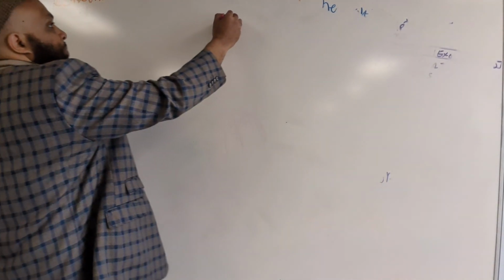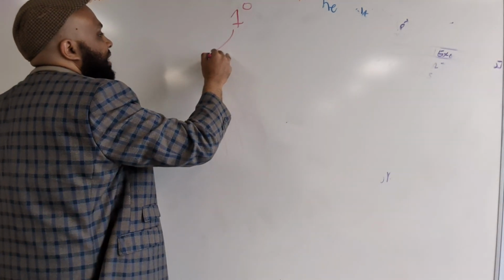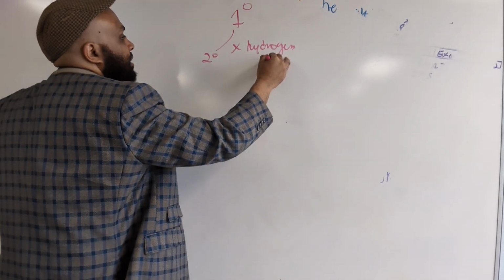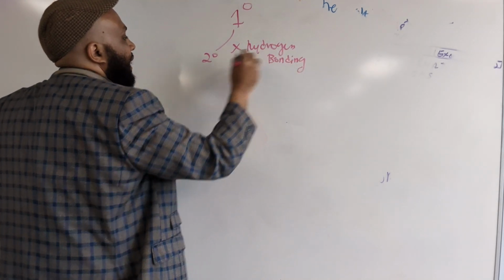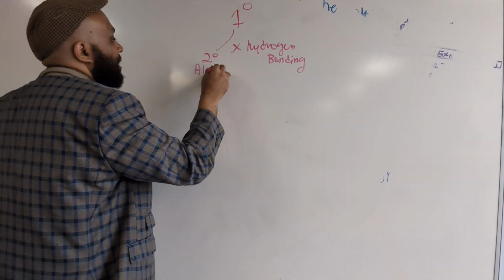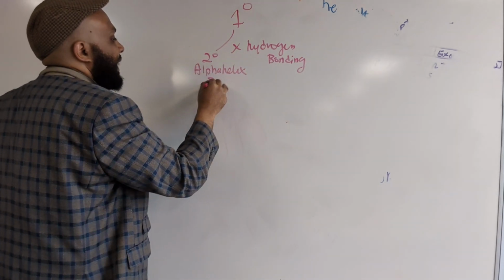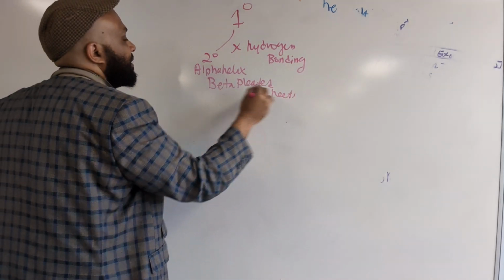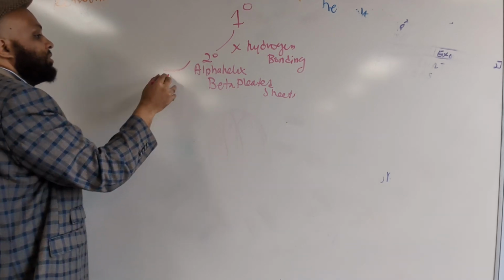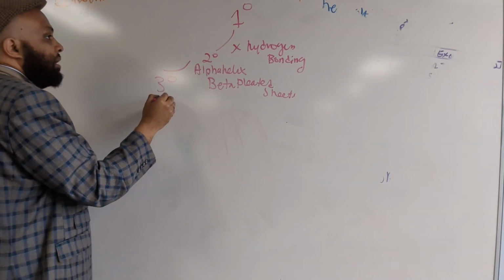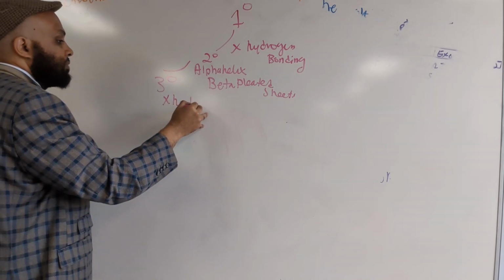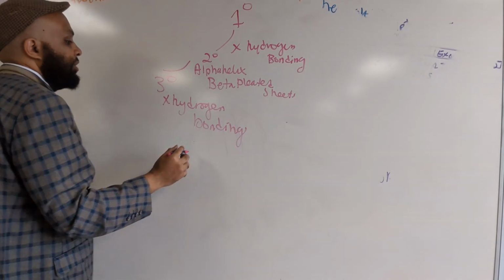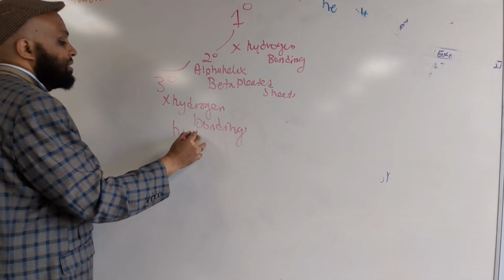Everybody knew that to go from primary structure to secondary, you're going to need extensive hydrogen bonding, and you're going to get alpha helix and beta pleated sheets. Then to go from secondary to tertiary, you're going to need more hydrogen bonding, and you're going to need hydrophobic effects.